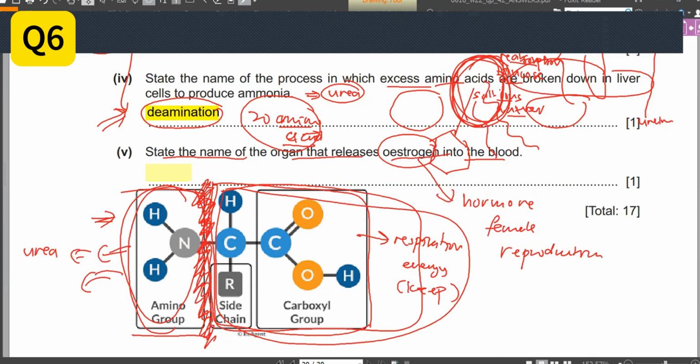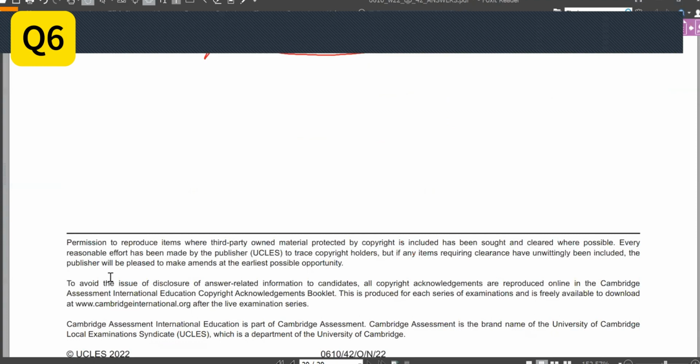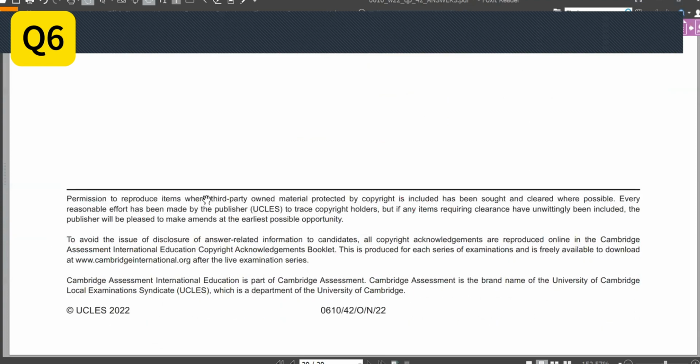So what will be the organ that releases it? It is the ovary. The ovary is the main organ that produces and releases the estrogen. Okay, with this, we finish the paper.